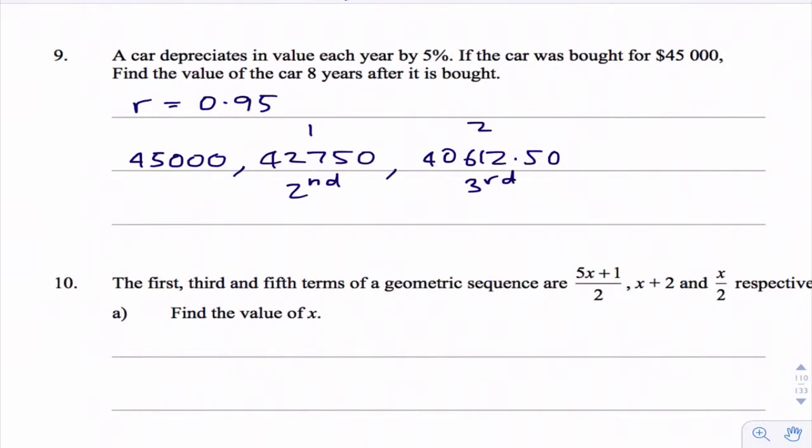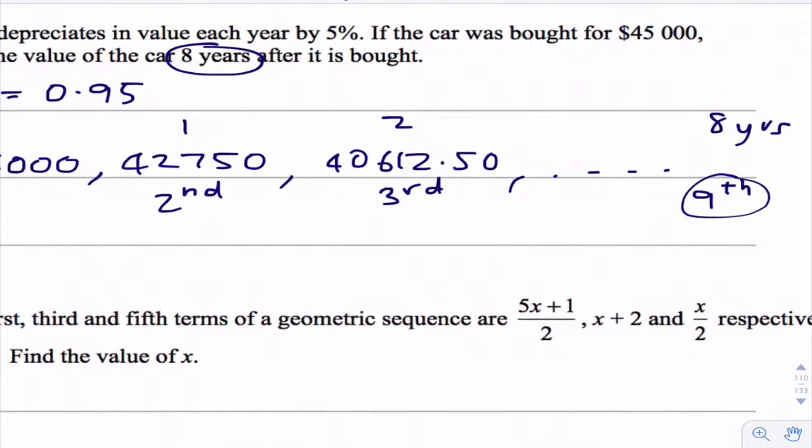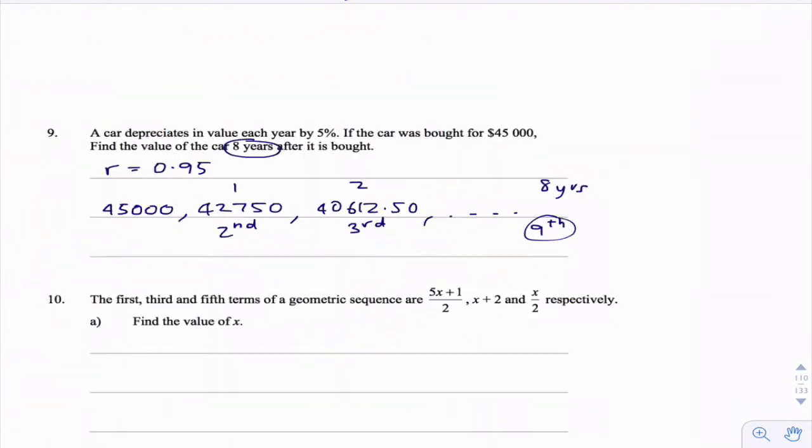All right? So it's very important when you're working out the value of the car after 8 years to recognize that after 8 years will be the 9th term in the progression. Okay, that is critical for getting the answer right here.